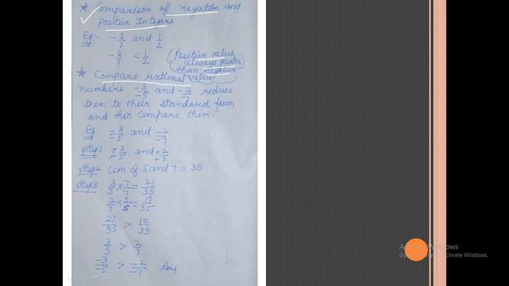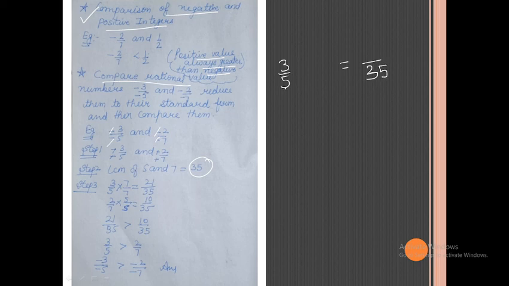Fourth way, comparing rational numbers: minus 3 by 5 and 3 by minus 5, and minus 2 by minus 7. Reduce them to their standard form, then compare them. For this, in minus 3 by 5 and 3 by minus 5, we cancel these signs: minus minus is plus. Now take the LCM, we get 35, and solve like this: the denominator will be equal to the LCM value.